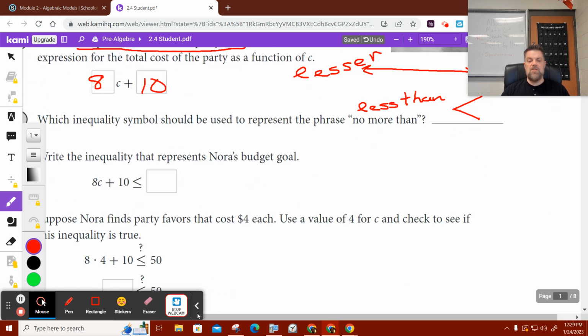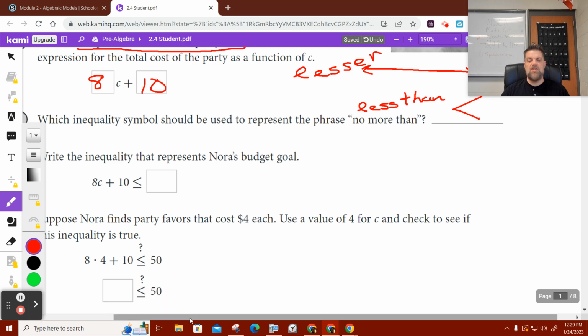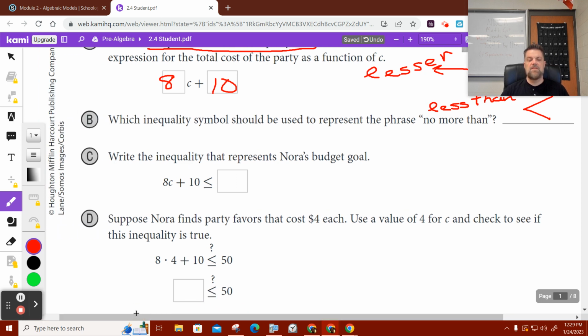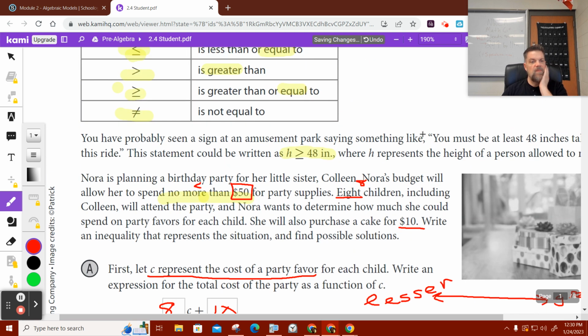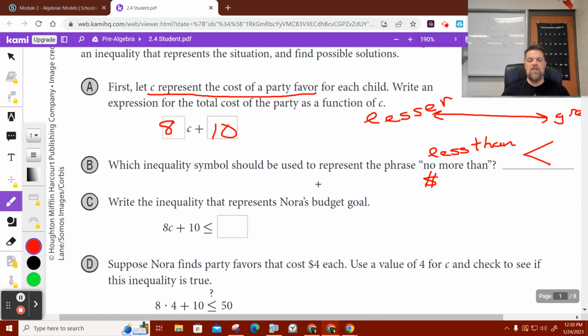So now, what's the total amount she could spend? It says no more than what? Well, let's read it again. It says Nora is planning a birthday party for her little sister Colleen. Nora's budget will allow her to spend no more than $50. In other words, she can't spend more than $50.